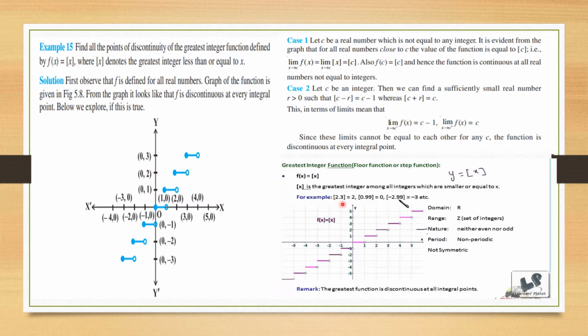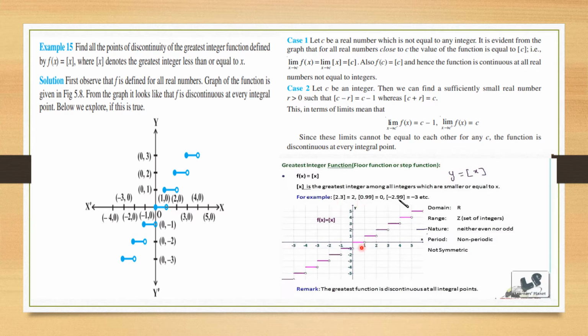For example, if we talk about 2.3, it is somewhere here, between 2 and 3. As it is not an integer, we take the integer to the left of x. To the left of 2.3 there are integers, but the nearest one is just 2. So the answer is 2.